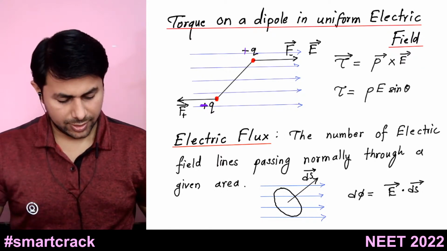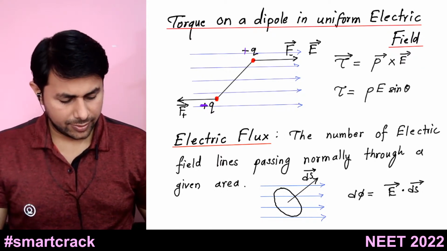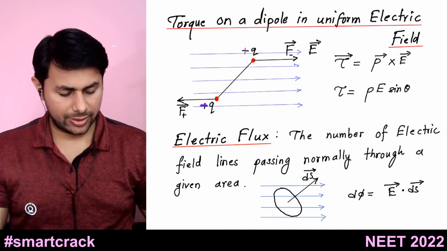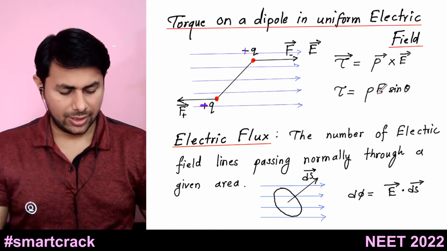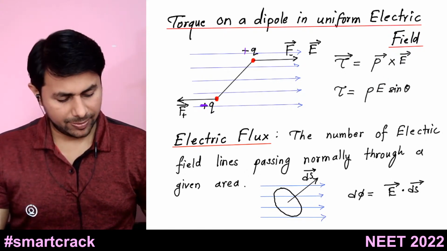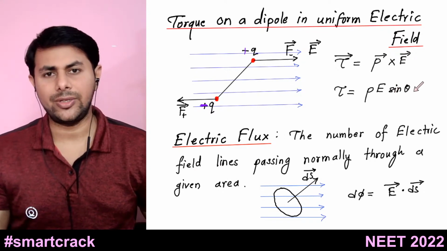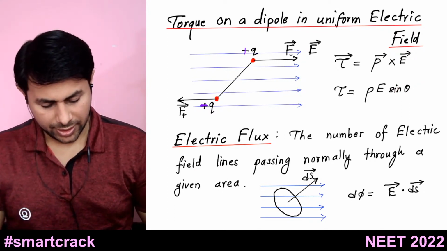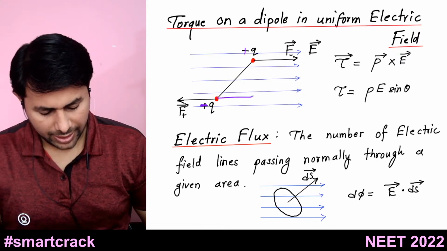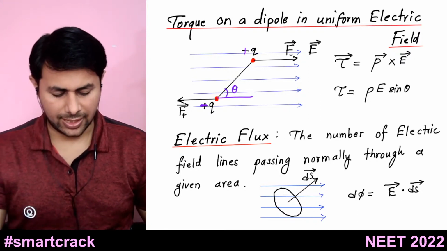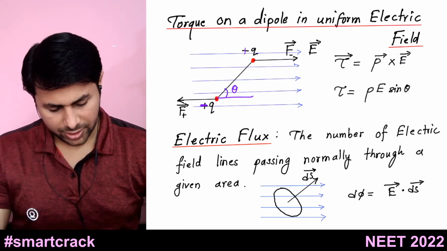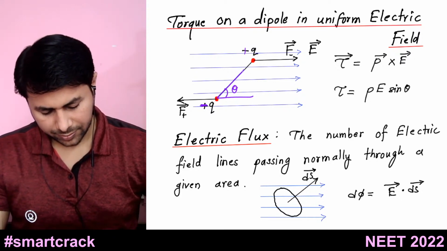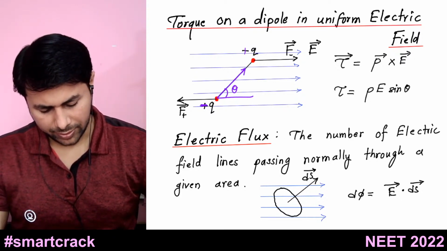All right, and we know the vector product is given by the magnitude of the first vector into the magnitude of the second vector multiplied by the sine of the angle between the two vectors. So if you see over here, this angle is theta. This is the direction of the dipole, right?